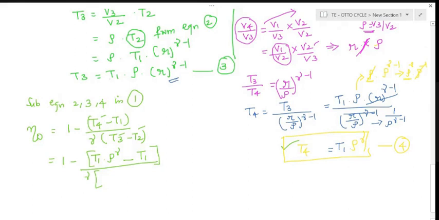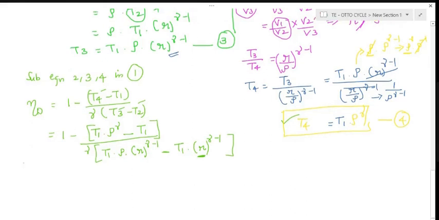Instead of T3, refer to equation number 3 and substitute T1 into rho into r power gamma minus 1, minus, instead of T2, refer to equation number 2: T2 is nothing but T1 into r power gamma minus 1. So from here, again 1 minus.